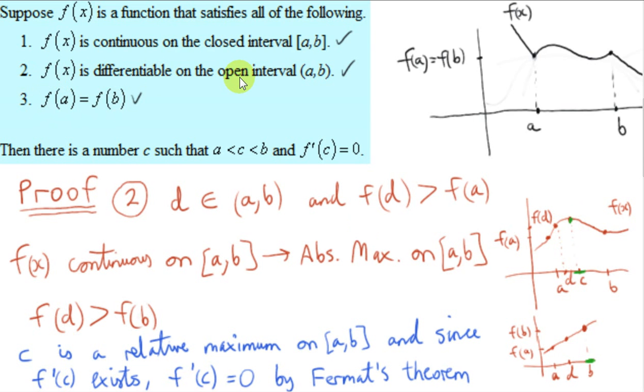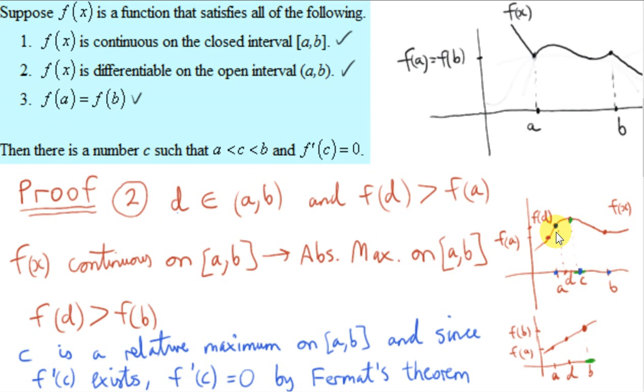Okay, now we're given that f of x is differentiable on the open interval a b. Now c is some point inside the open interval. After all, d, we stated at the outset, is a point in the open interval. If c was not in the open interval, then c would be one of the endpoints, but that contradicts the fact that c is meant to be a relative maximum.